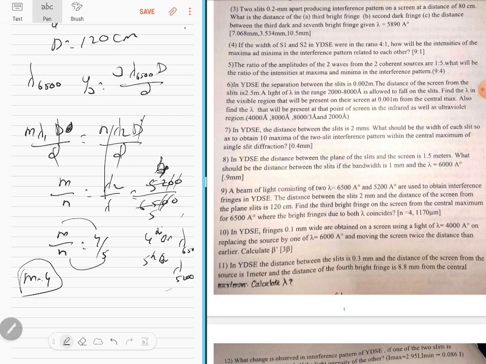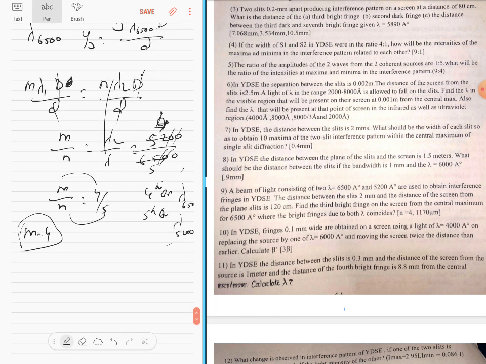That much I understood. So I have to substitute m is equal to 4, and I don't understand the third bright fringe.